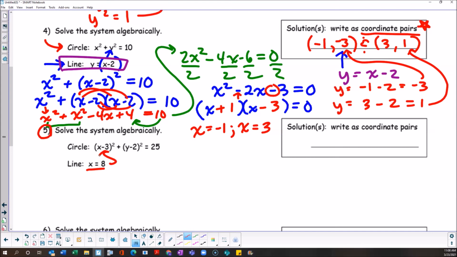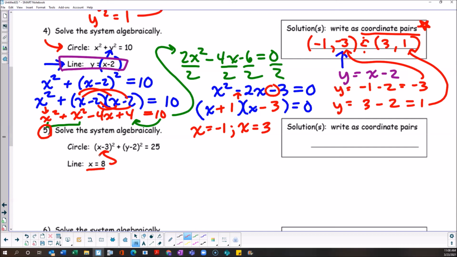I don't know. But some of them are multiple choice too. So remember, if they give you multiple choice answers, you can plug in the points and make sure that they work in both the circle and the line. And I can show you what I'm talking about if you have questions about that.